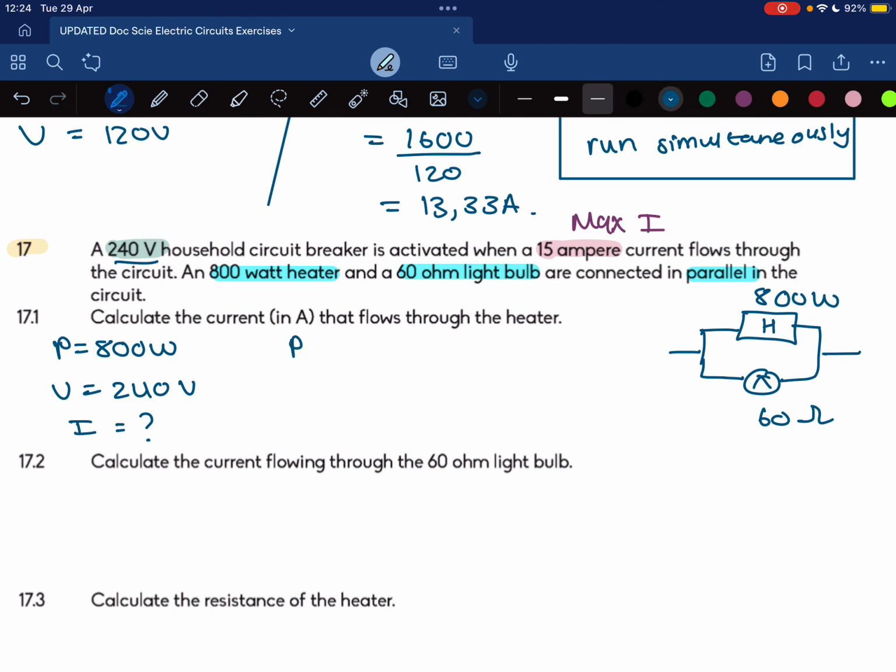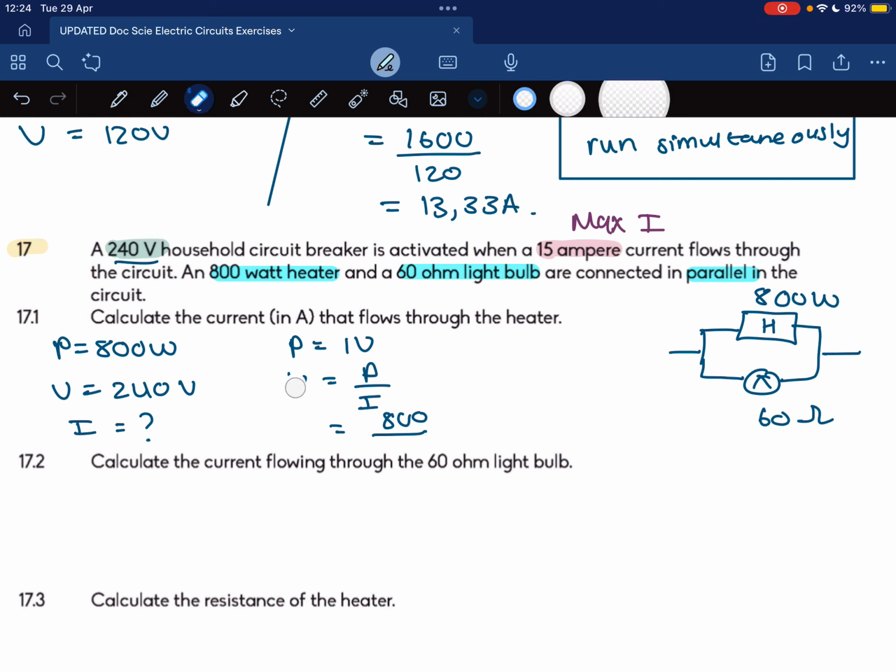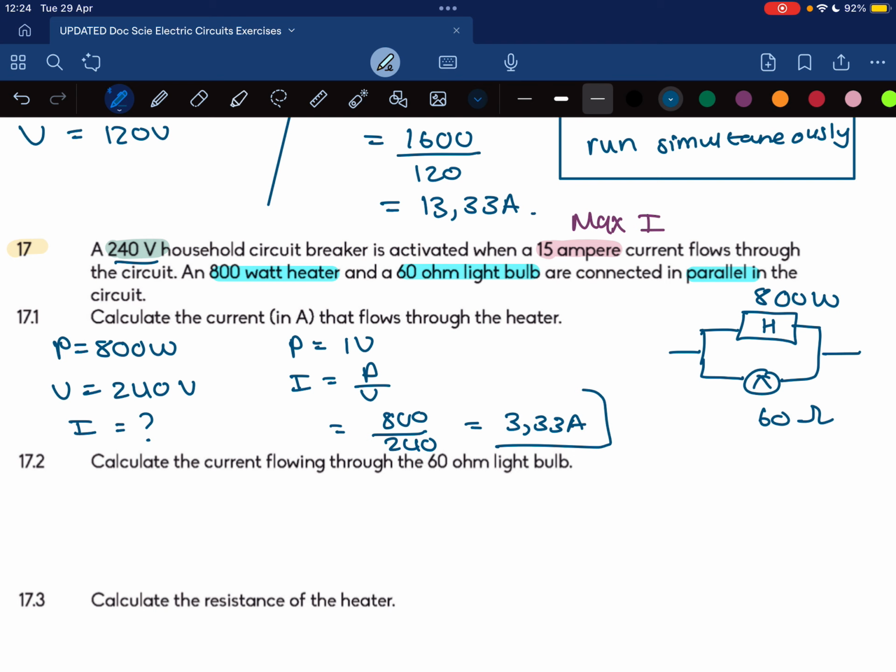P is equal to IV, which means that V is equal to P divided by I. Sorry, I'm not calculating V, I'm calculating I. So I is equal to P over V. So 800 divided by 240 is going to be 3.33 amps.